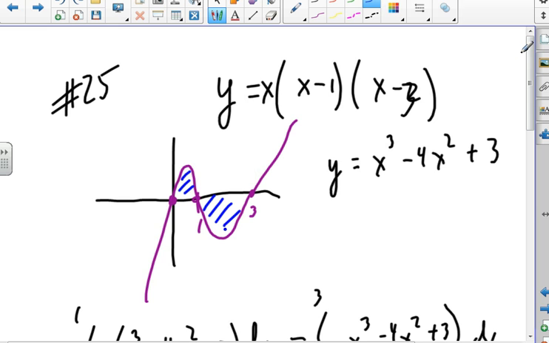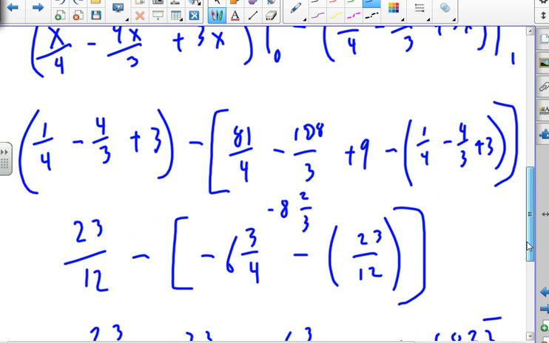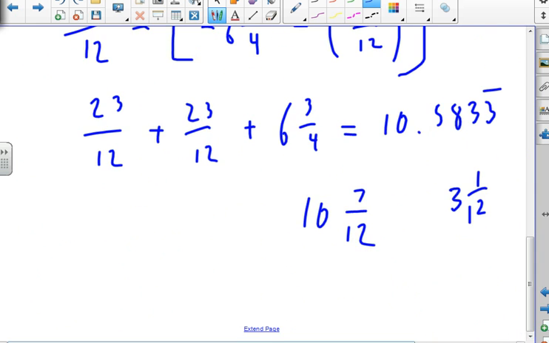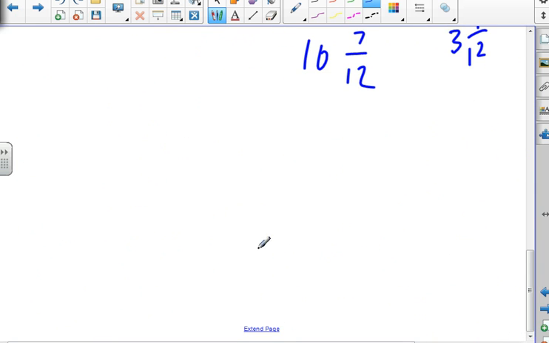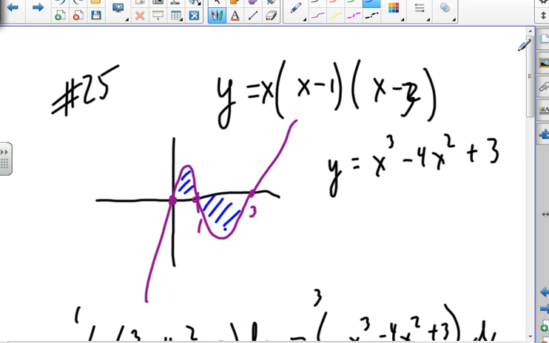Minus 6 and 7/8. Okay, so the calculus is minus 6 and 7/8. So that means there's something wrong with our formula. What's wrong with our formula?